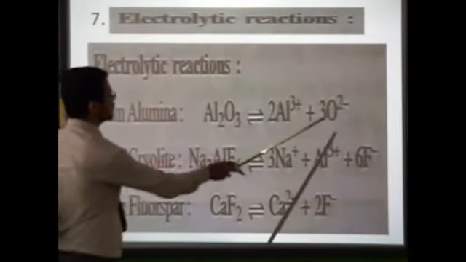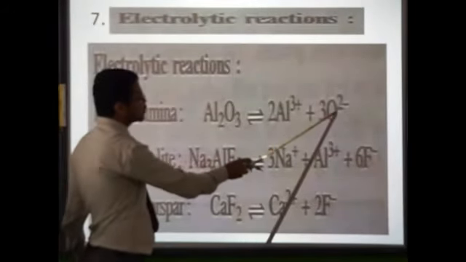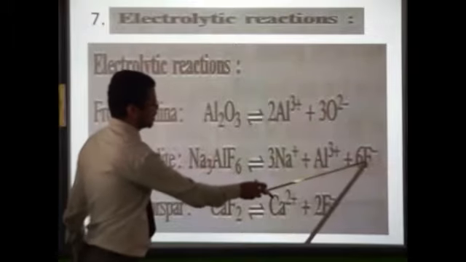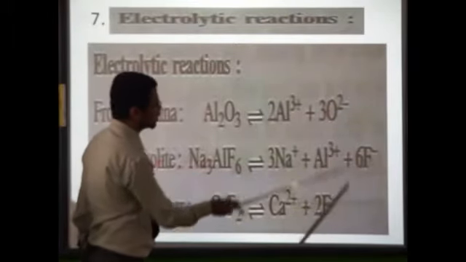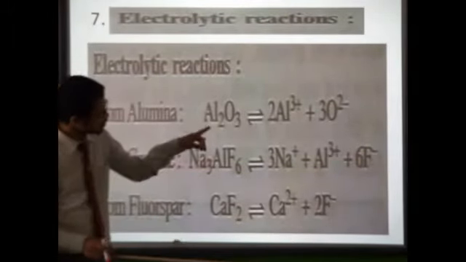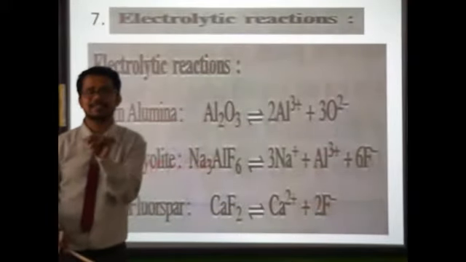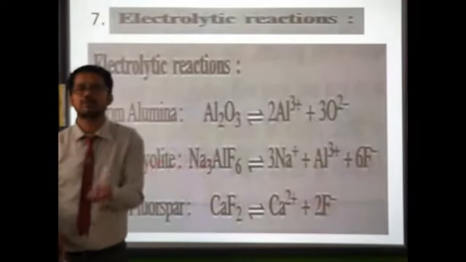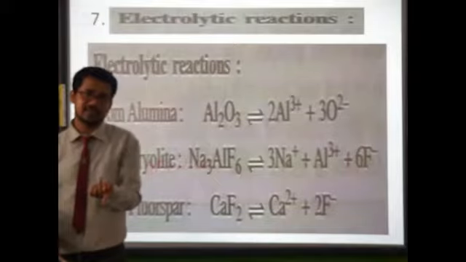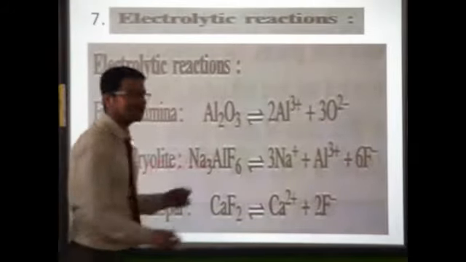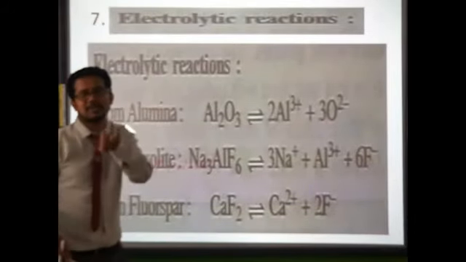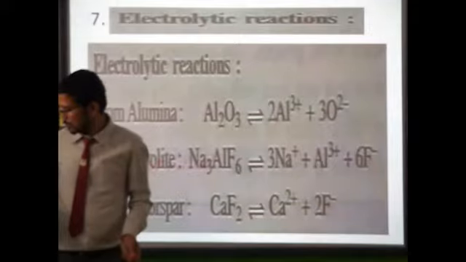Then out of the negatively charged ions, there are 2 types, oxide and fluoride. Out of oxide and fluoride, the less reactive one gets more preference for the discharge. That means the fluoride ion will remain in the solution only.